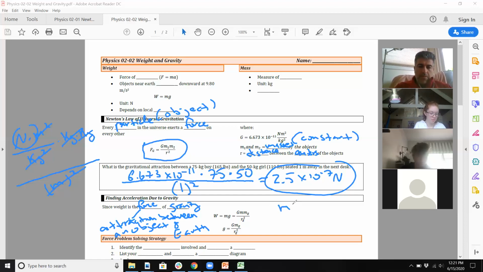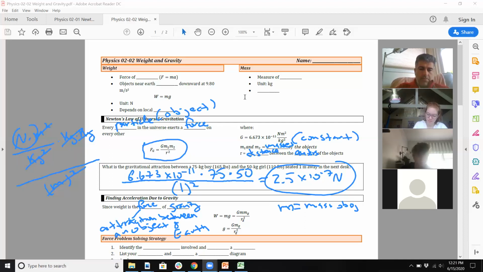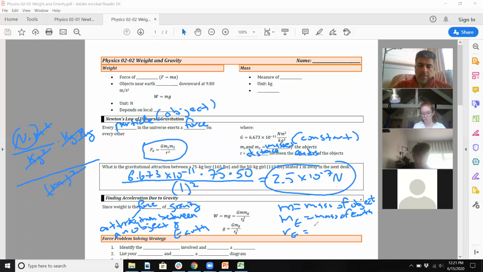So m will be the mass of the object, M will be the mass of the Earth, and r is the distance between the object and the Earth's center.